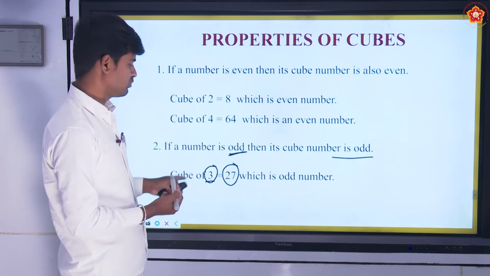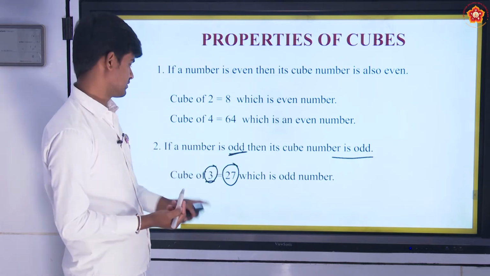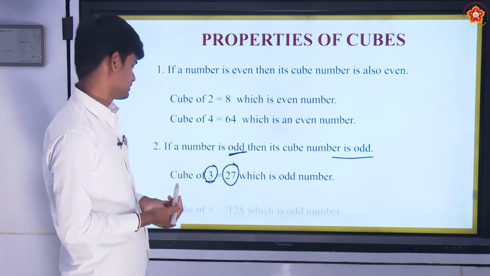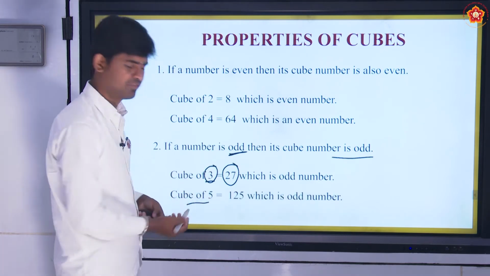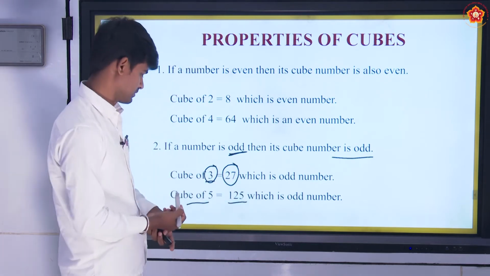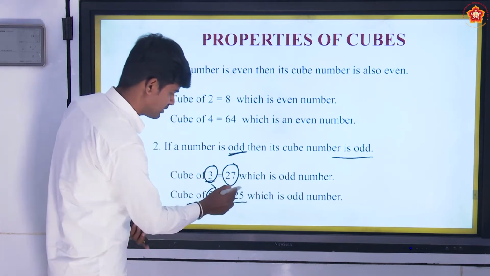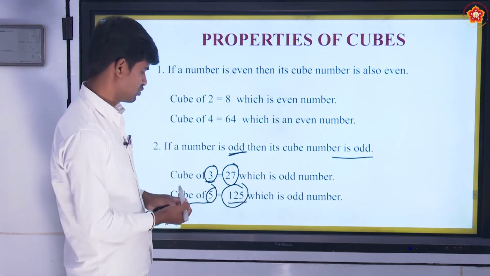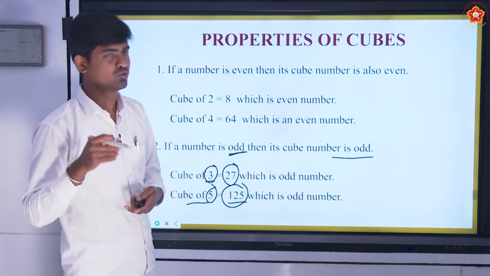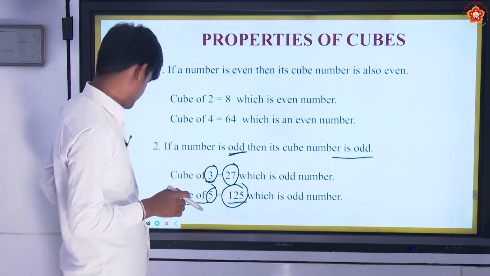So we can say that if a number is odd, then its cube is also odd. See another example, cube of 5 is 125. 5 is an odd number, and 125 is also an odd number. So we can say that if a number is odd, its cube number is also odd.